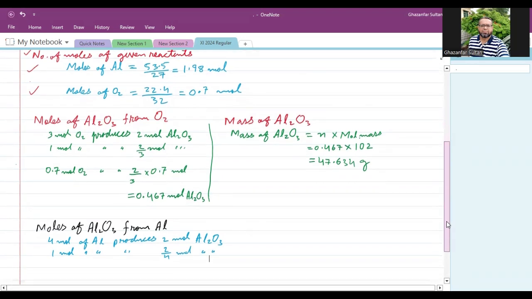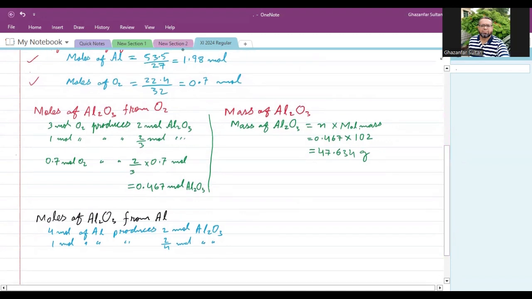So the given mole of aluminum is 1.98. So 1.98 mole aluminum produces 2 upon 4, which becomes 1 upon 2, or you can put it as it is. It's up to you. And it is 1.98. So finally, you will see it would be 0.99 mole of aluminum oxide.